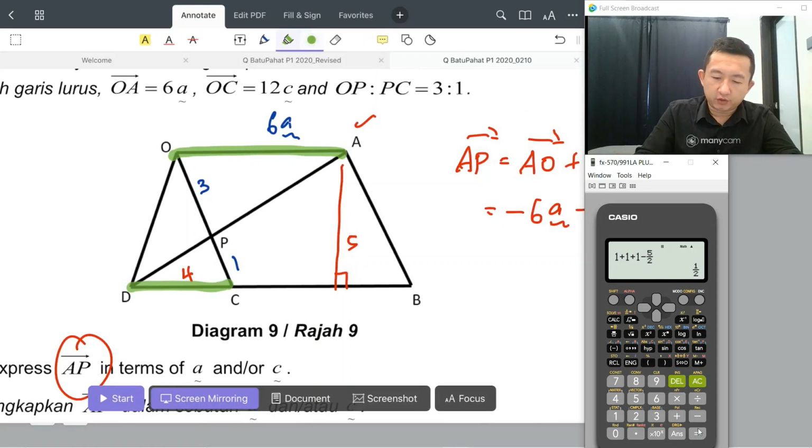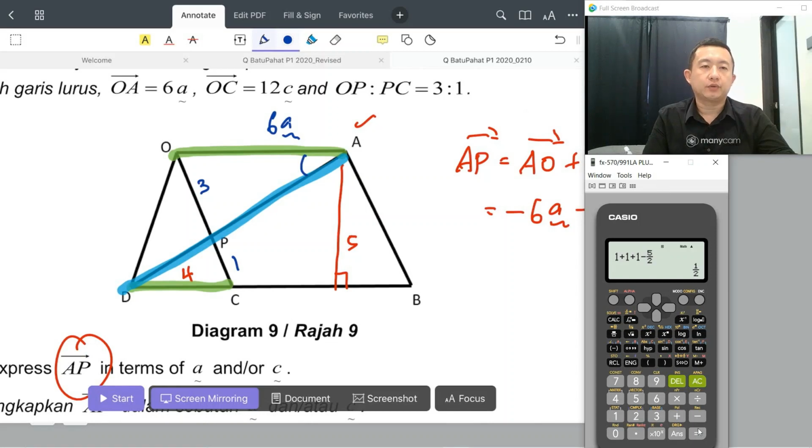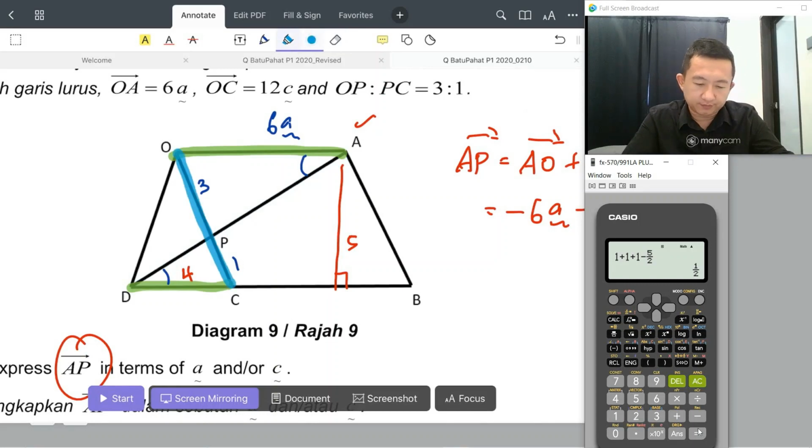And then you have also these lines. You have these lines. Z, alternate angle. This angle equals to, which one? Equals to this one. Right? Alternate angle. And then this one, alternate angle also. This one equals to this one.